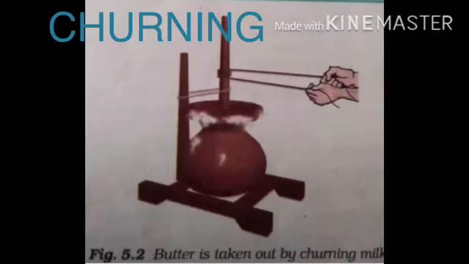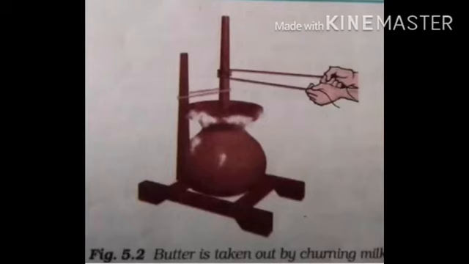Now, churning. This method is used for separating lighter particles of a solid suspended in a liquid. For example, butter can be obtained by churning curd, obtained from full fat milk. Cream can be obtained from unboiled milk by churning.